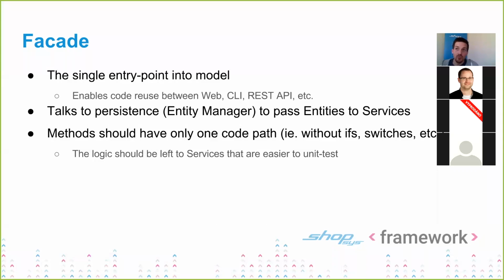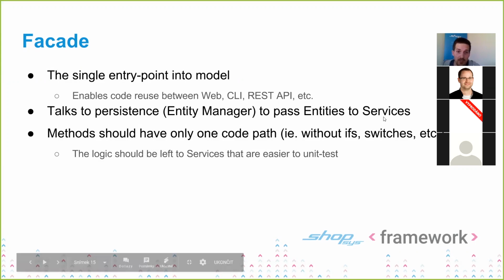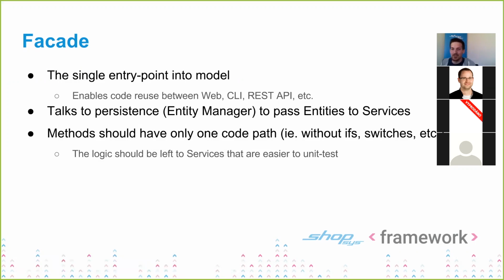Then you do the editing, and you can save it. So there are many more steps, but as I told you, it should always be one code path, it should not branch that much and do some logic that would have to be tested.